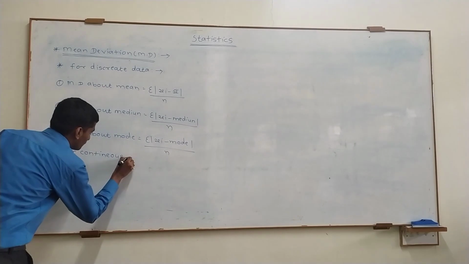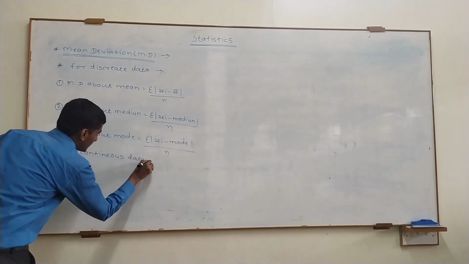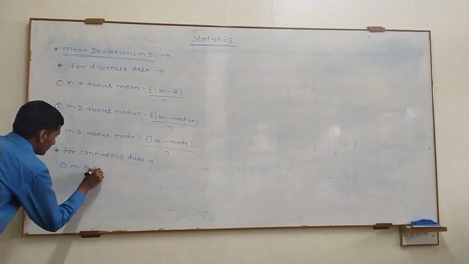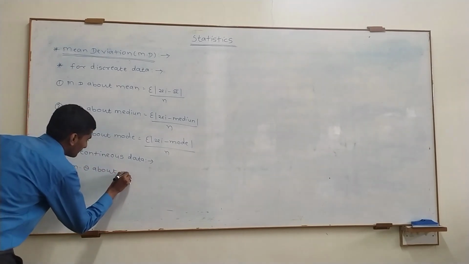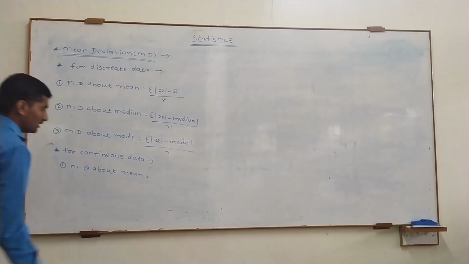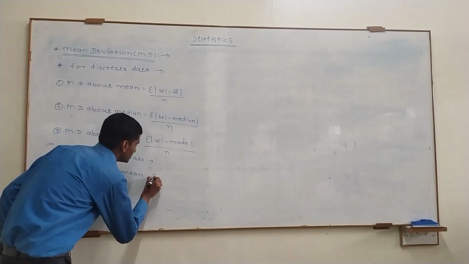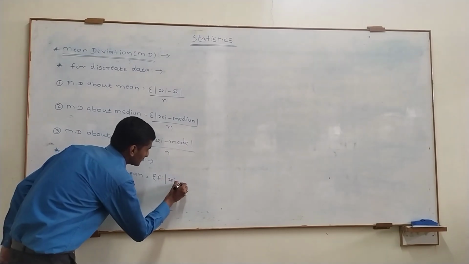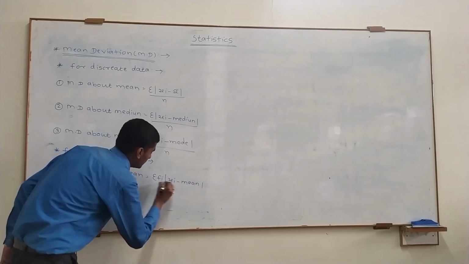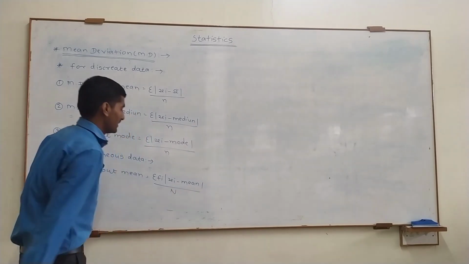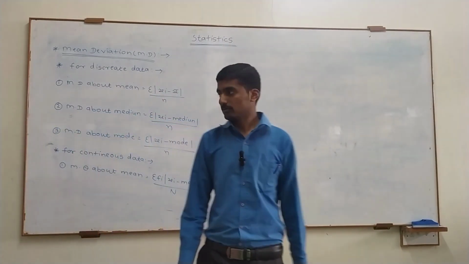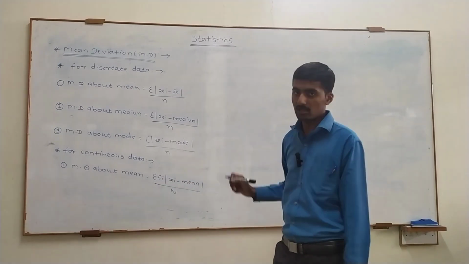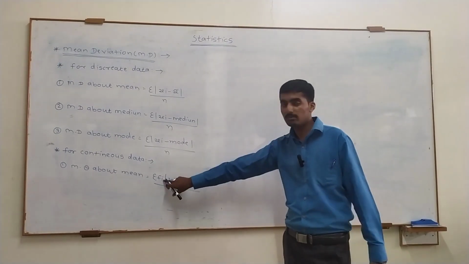Okay, for continuous data. The first formula is mean deviation about mean. The formula is the summation of fi times mod of xi minus mean, divided by capital N. You can also write just the summation of f, no problem, instead of fi.